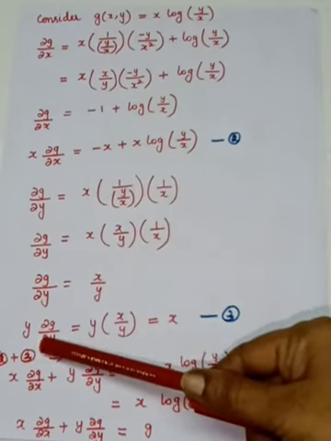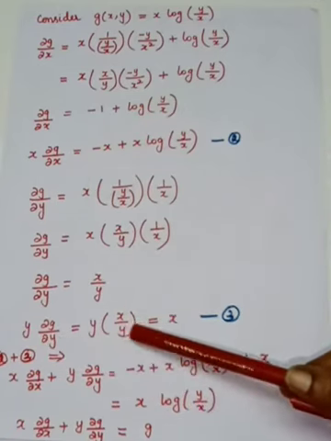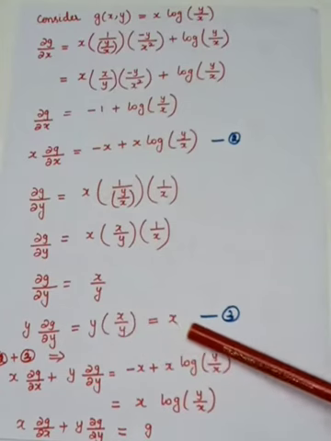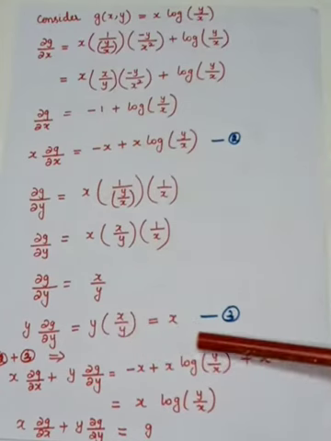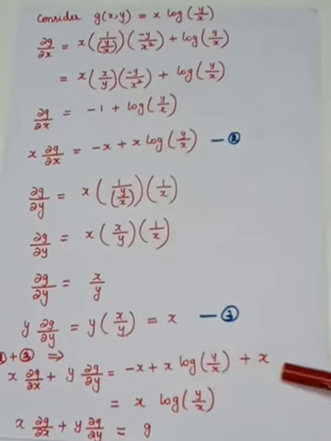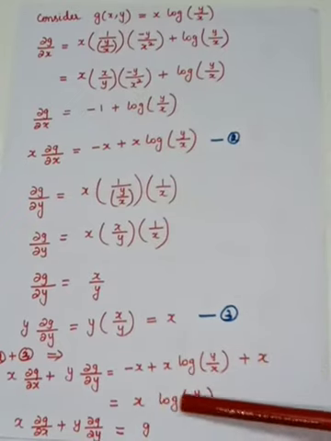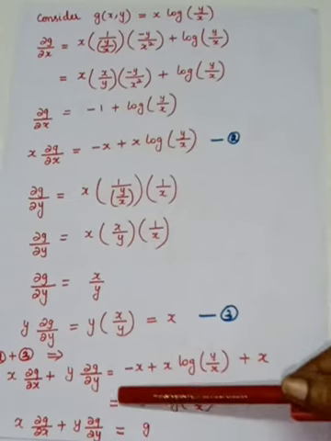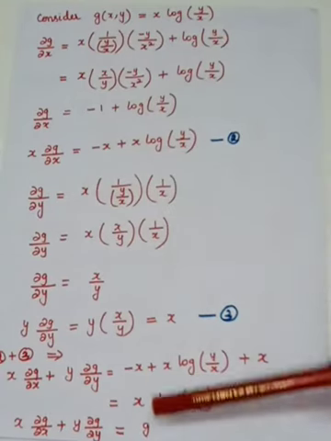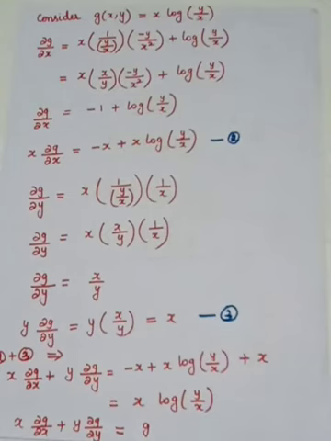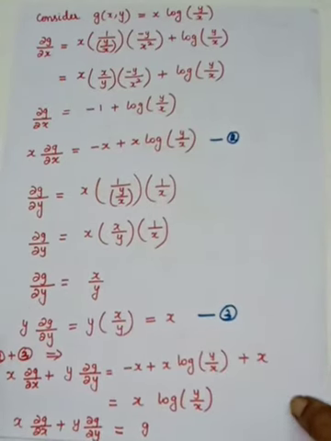That has to be multiplied with y. So y into x by y, the y gets cancelled, and you are having x. These two have to be added, so I have written the addition. So minus x plus x gets cancelled. You are having x into log of y by x. What is this? It is nothing but g. So we have verified Euler's theorem for the function g.